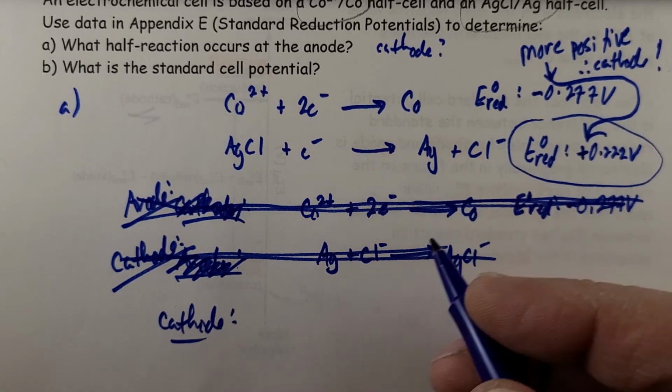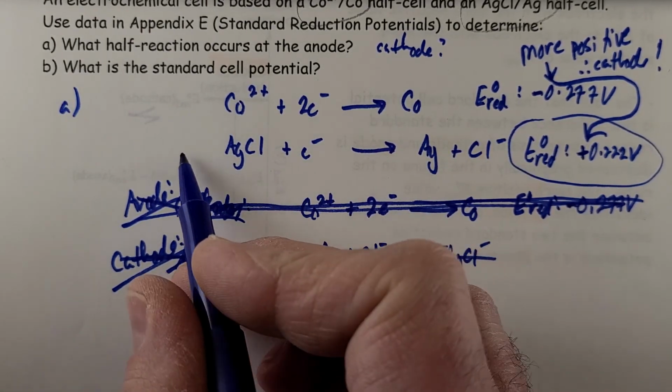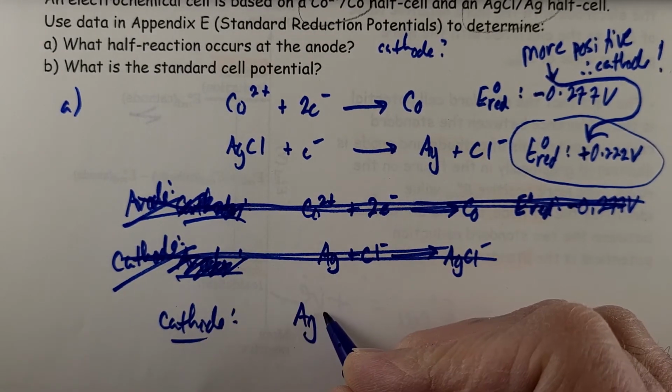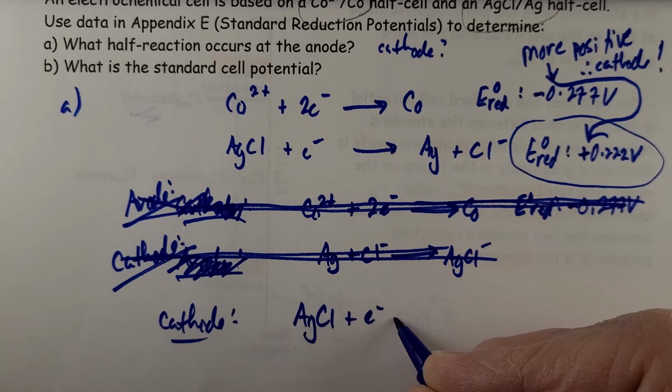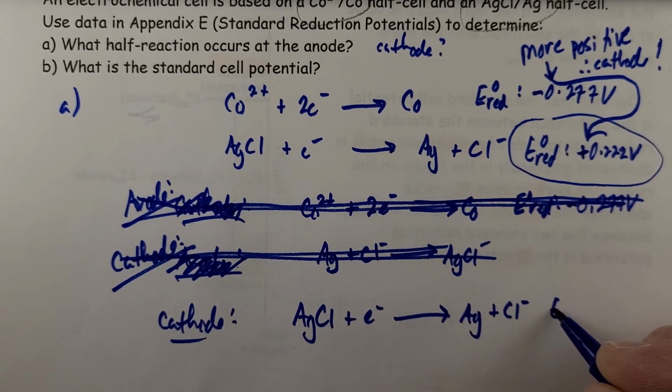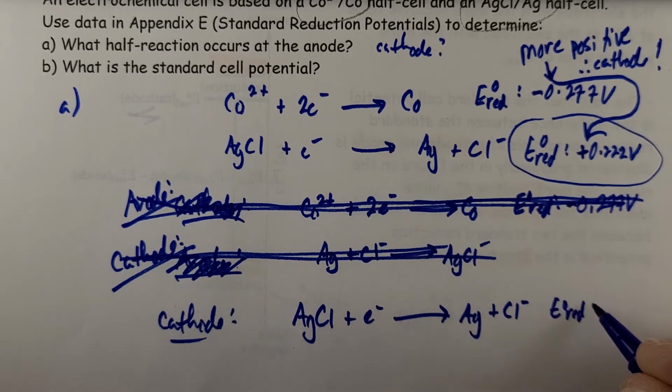So cathode, it's gaining the electrons, so I write it just like this. AgCl plus electron gives us Ag plus Cl minus, plus 0.222 volts.